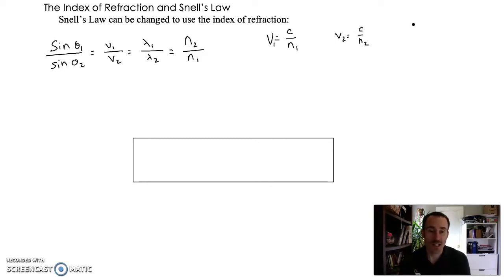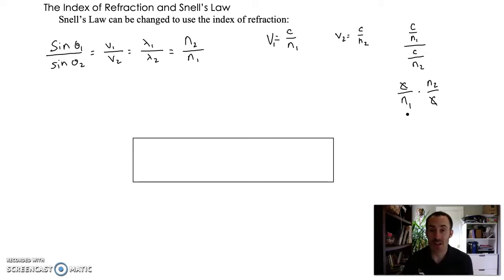So let's just write that in here, c over n1 over c over n2. And when we get rid of all of this ugliness, c over n1 divided by c over n2 is the same thing as multiplying by the reciprocal. So that's the same thing as c over n1 times n2 over c. And then you can see that the c's cancel each other out, and we're left with n2 over n1.